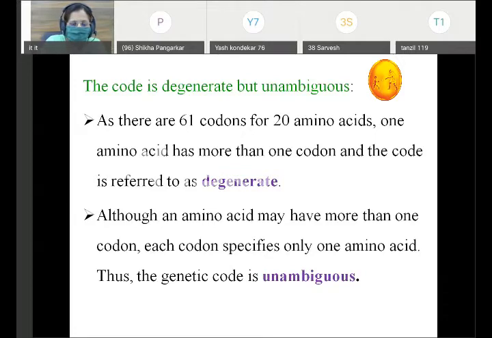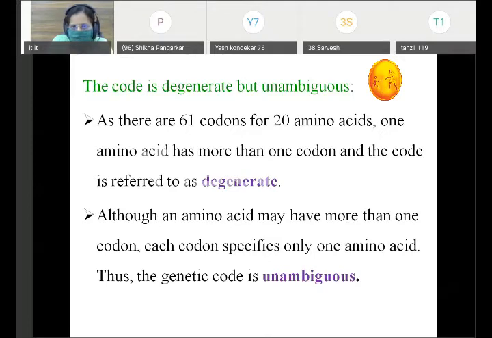This is actually the exact opposite of that. That means in degeneracy of code, a single amino acid can be represented by more than one codon. At the same time, one codon will specify only one amino acid. That same codon cannot specify, in any case or by any chance, a second amino acid.